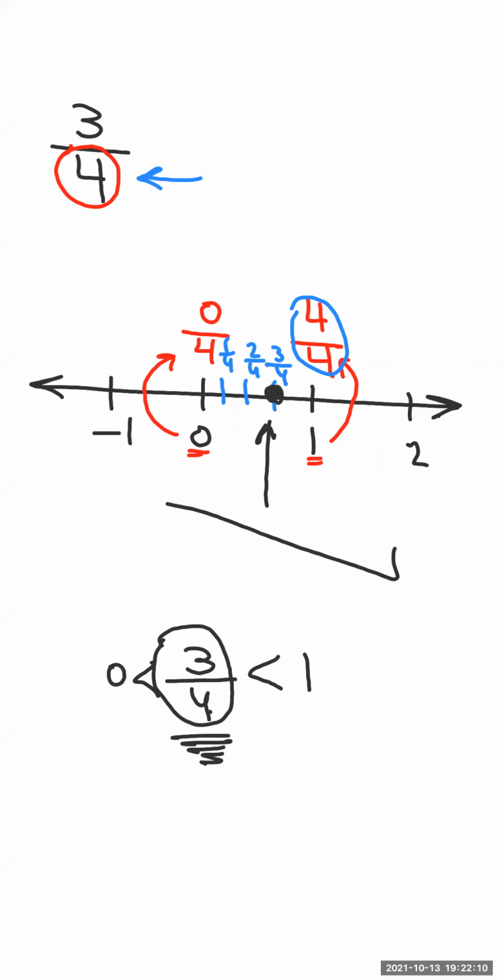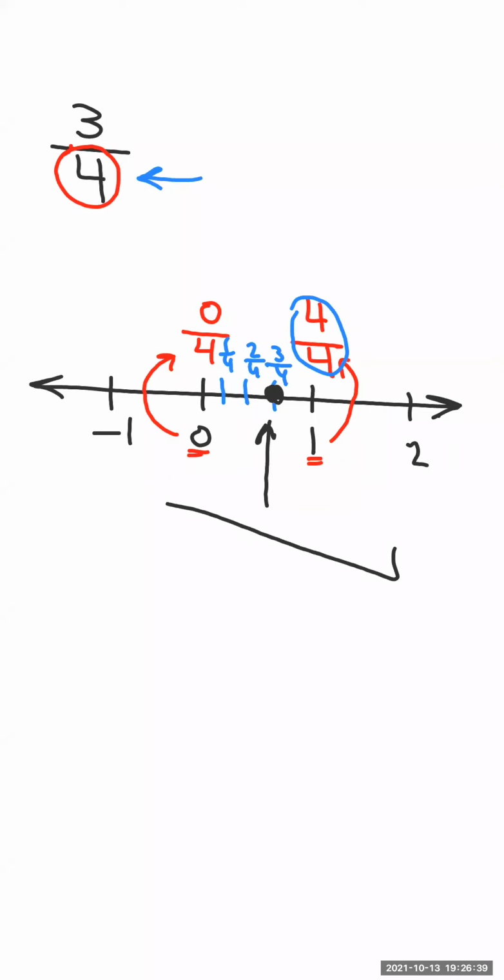So now, if the question is like this, if the number is like that, 7 over 5. So in this case, first we have to know exactly where that number is.